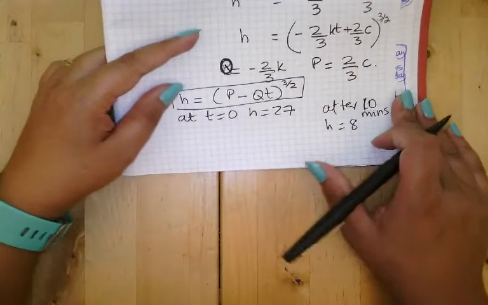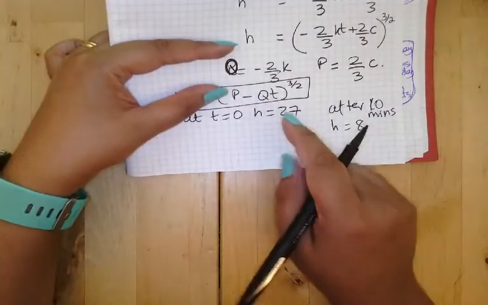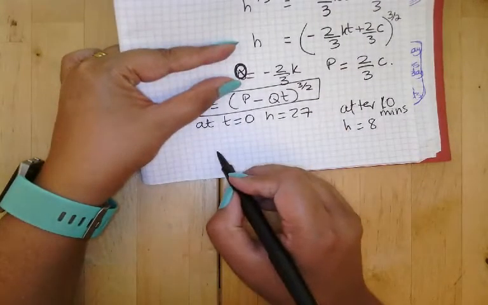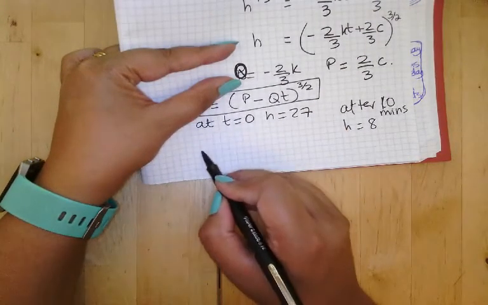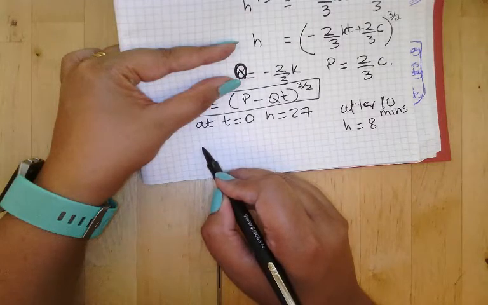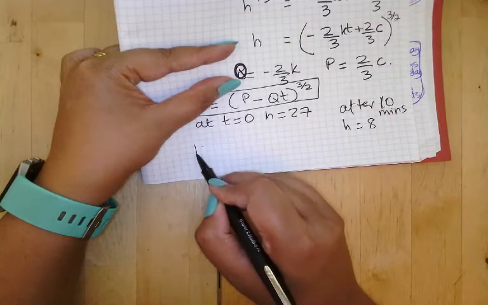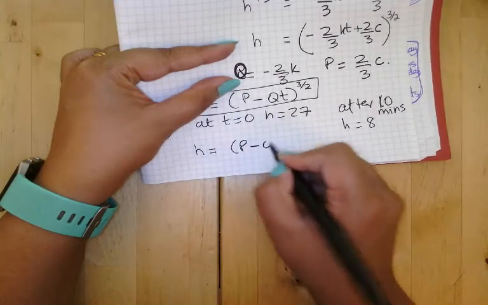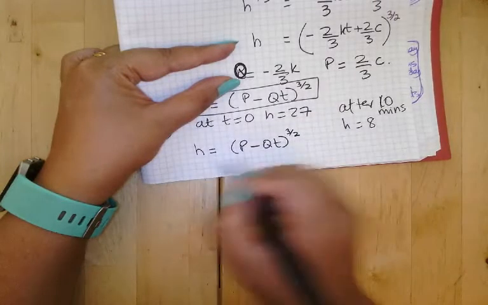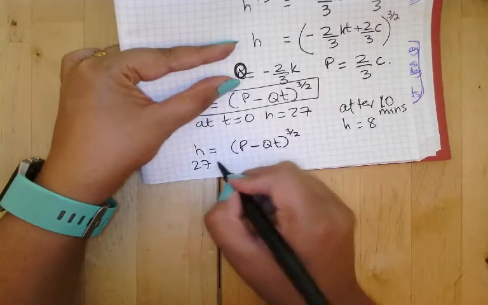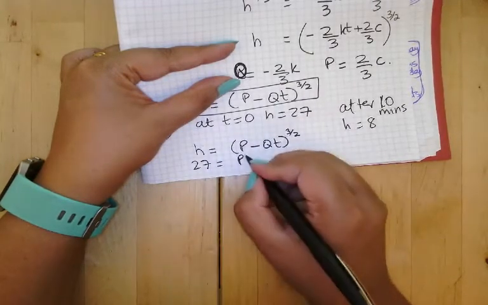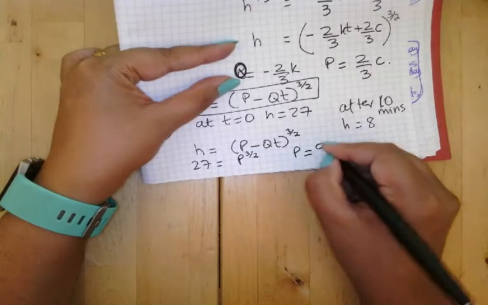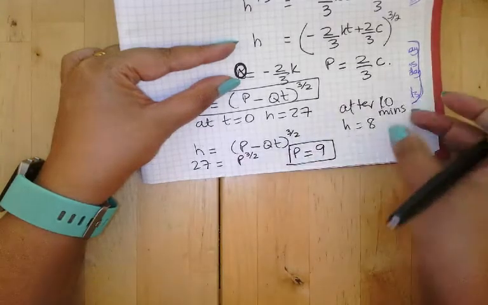Okay, so when t is 0, h is 27, and I'm going to plug that in. Because I've got h equals p minus qt to the 3 over 2, and 27 equals p to the power 3 over 2. That gives me p is equal to 9 if I was to solve this.